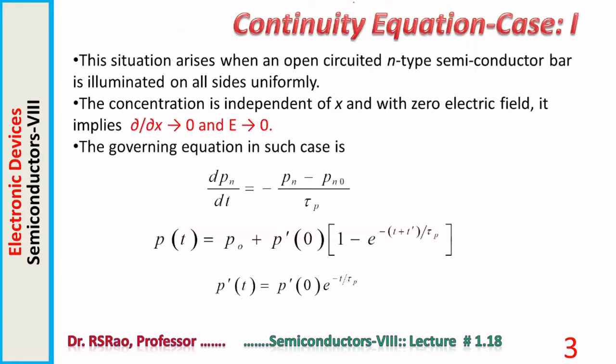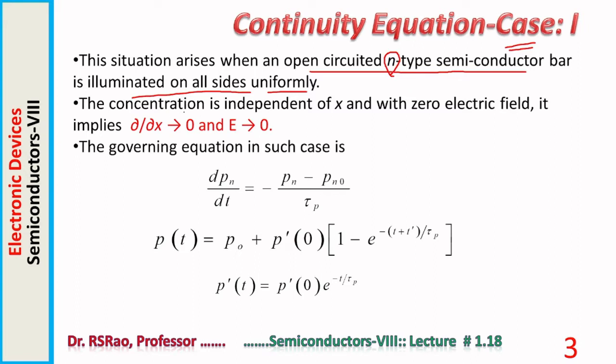Now case 1. This situation arises when an open circuited n-type semiconductor bar is illuminated from all sides uniformly. Here we consider an n-type semiconductor. It can be p-type also. The results we are going to get are applicable equally to p-type semiconductor bars too.